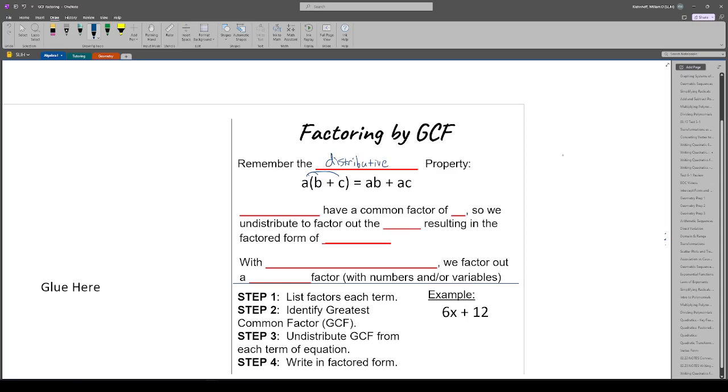The two terms we end up with, ab and ac, have a common factor of a. If we started with ab plus ac and wanted to go backwards, we could undistribute it by taking the a away from both of those.